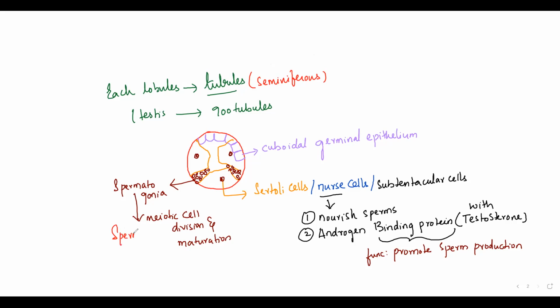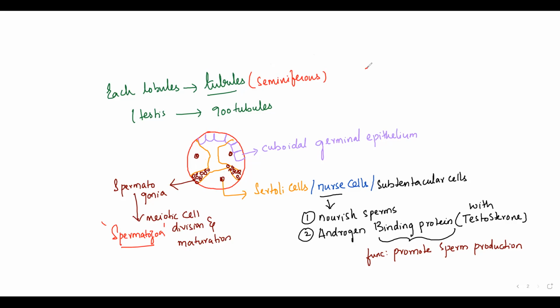They form the spermatozoa in the later periods. So seminiferous tubules are lined by cuboidal germinal epithelial tissue, which forms these Sertoli cells, and you can see the spermatogonia present over here along with their functions.